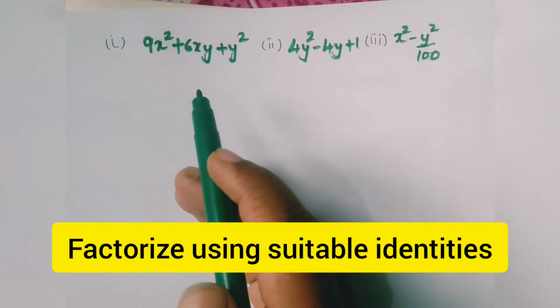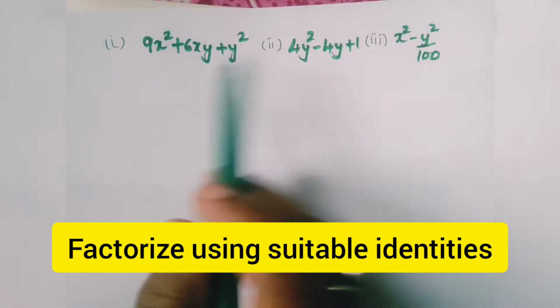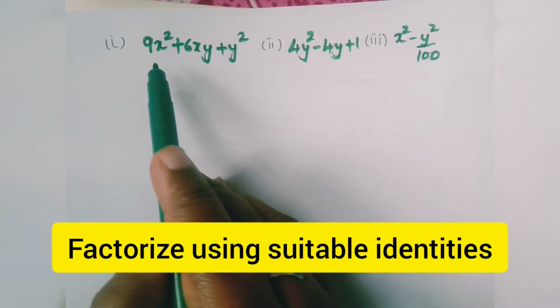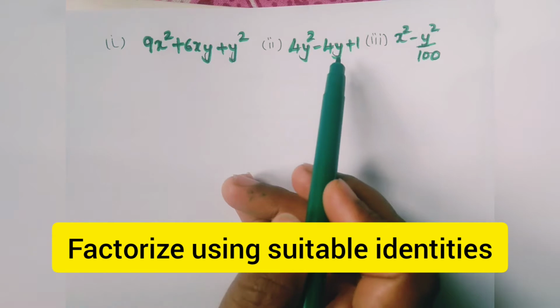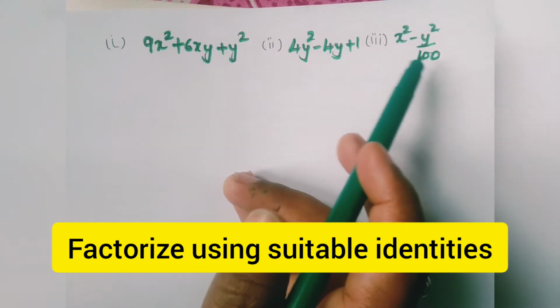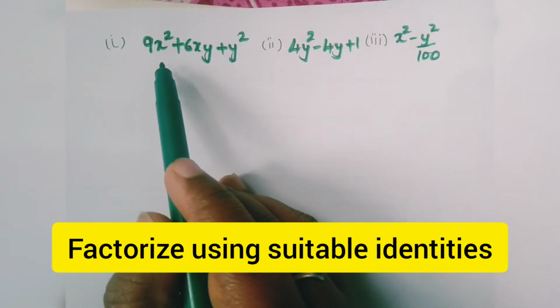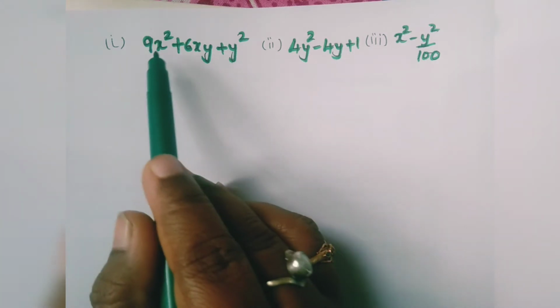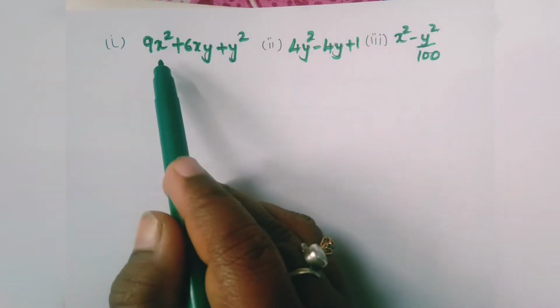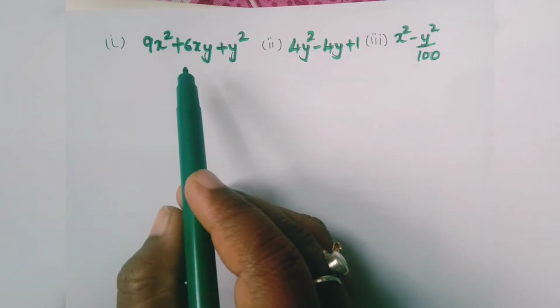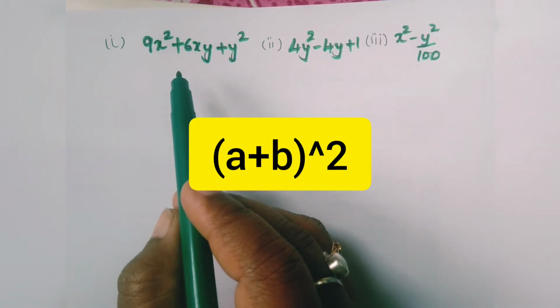Okay, children, here you have three questions. When you observe, the first and the second have three terms, and the last one has only two terms. When you have three terms and all three are with the plus sign, then you can guess that it will be of the form a plus b whole square.